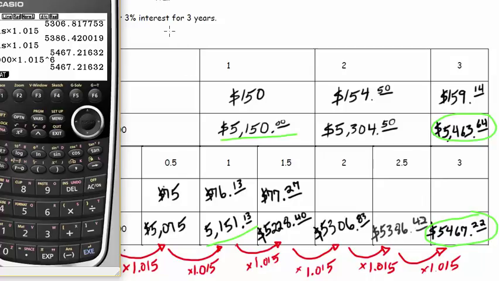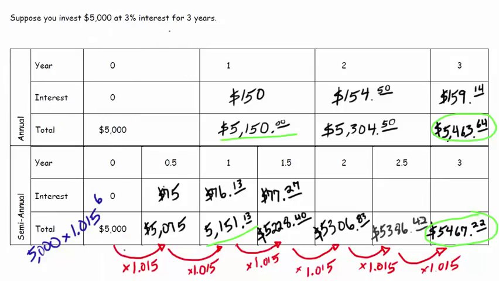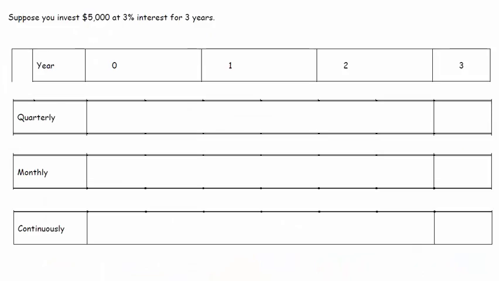So let's see if we could do the same thing for our quarterly case. All right, so I am again going to start with $5,000 times 1 point. Now, here I have 3%, right?